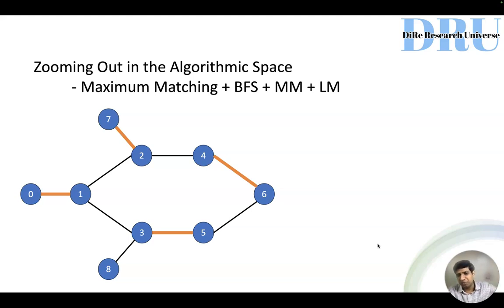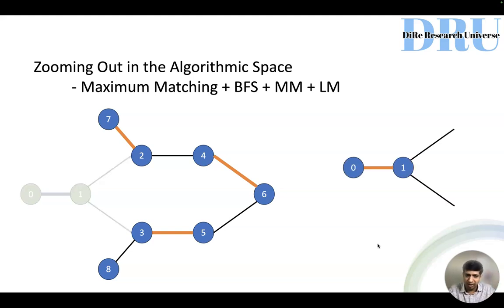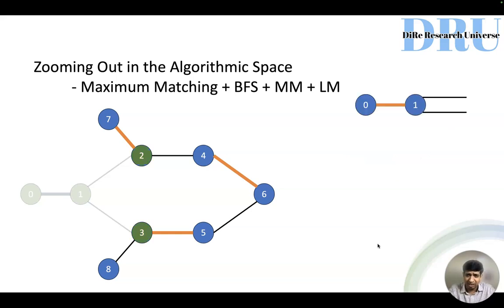So store this information of the edges that are part of the maximum matching. We do BFS, we start with 0. We pick the edge connecting 0 and 1. Next, on BFS we have vertices 2 and 3. For vertex 2, now we specifically pick an edge which is part of the maximum matching. So we pick the edge connecting vertices 2 and 7.